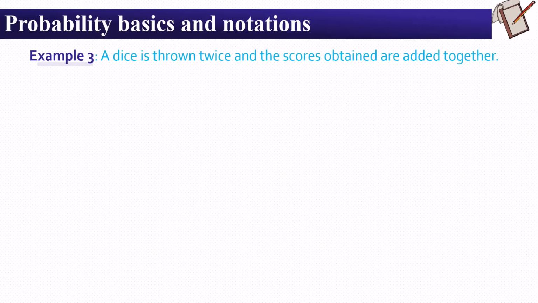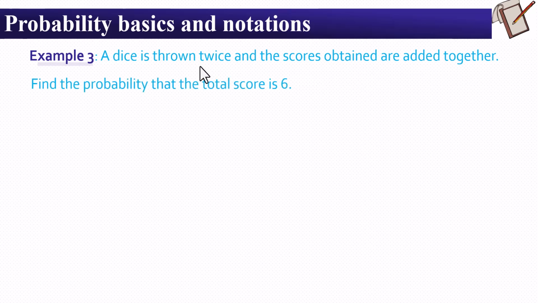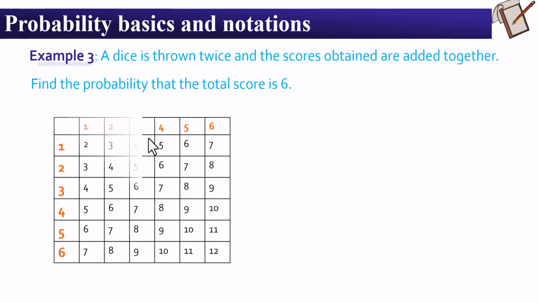Our example 3 says a dice is thrown twice and the scores obtained are added together. Find the probability that the total score is 6. So here we draw our box for the sample space. We have the first throw and the second throw.